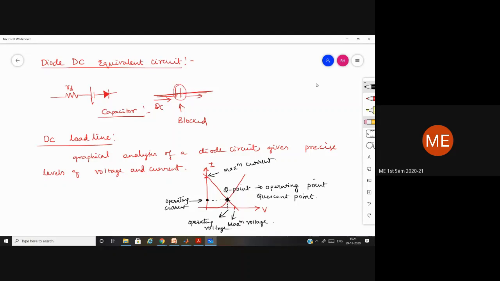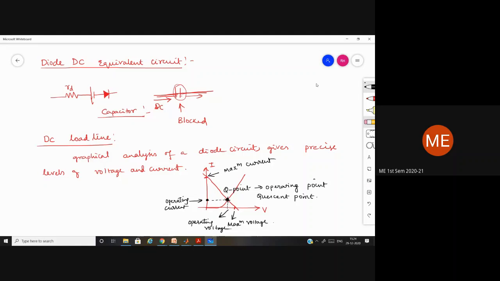If you want to know at what voltage and current my diode is working right now, that is the operating voltage and current. You might have the range of maximum voltage, maximum current, but it doesn't mean that it should always be at the maximum. It might be working at any level. So that gives you the present working voltage and current. But the maximum gives you the precise voltage and current that it can withstand.